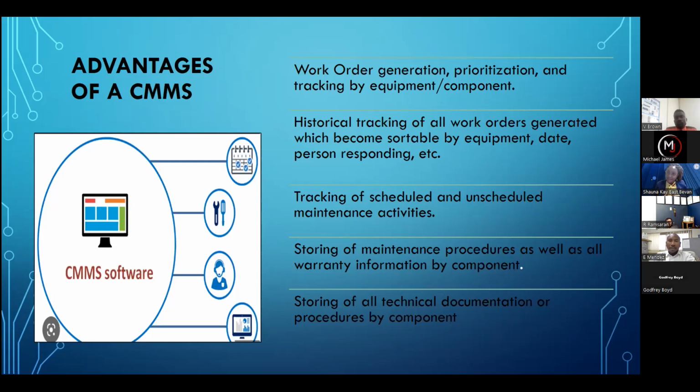The CMMS has that, right? You can track scheduled and unscheduled maintenance. So in a sense, the predictive maintenance plan that you deploy must be deployed through a CMMS, right? Storing of maintenance procedures as well as technical documentation associated with an asset.